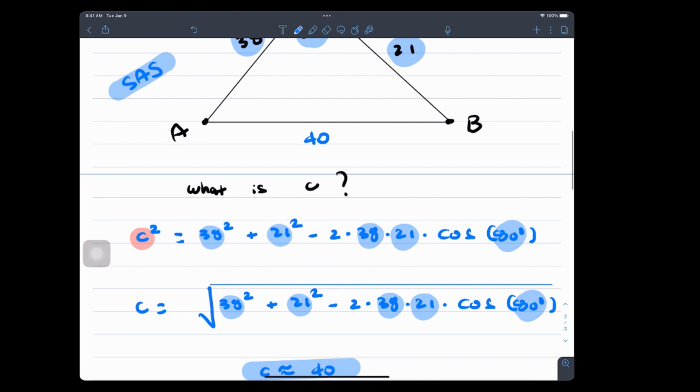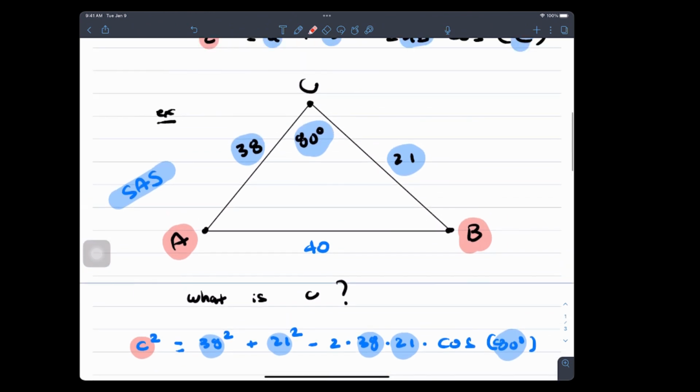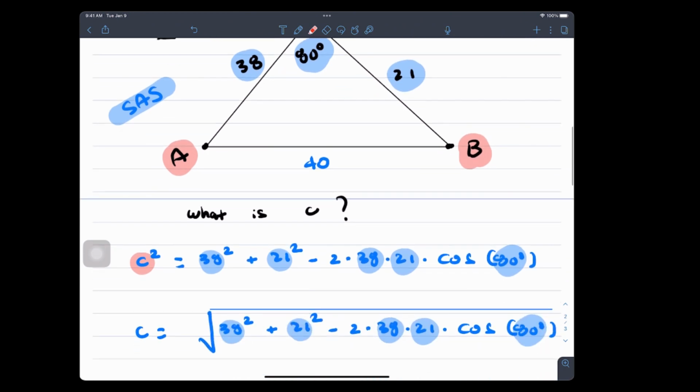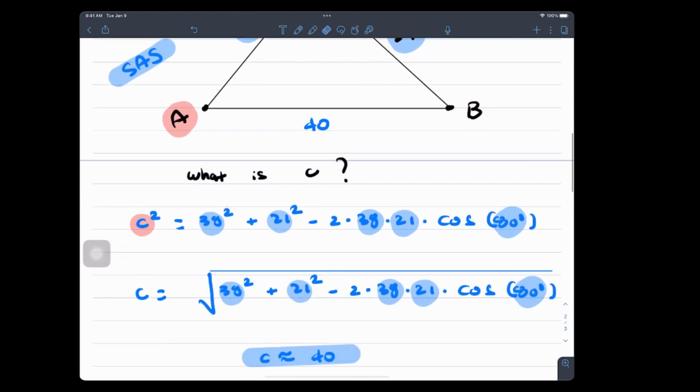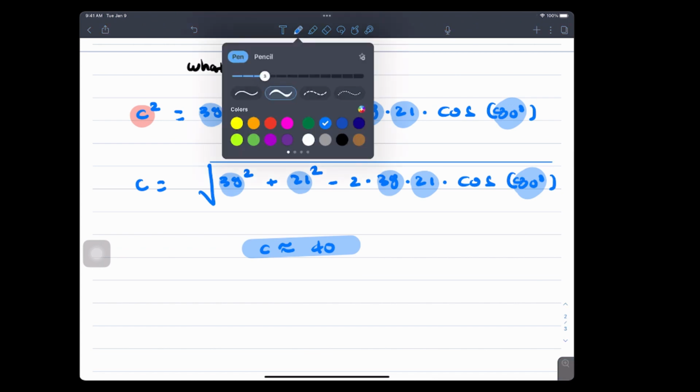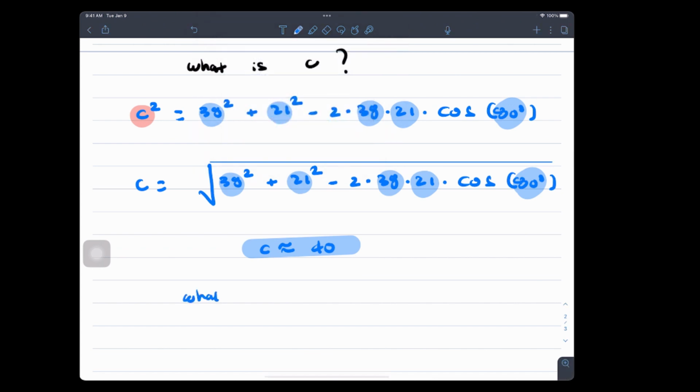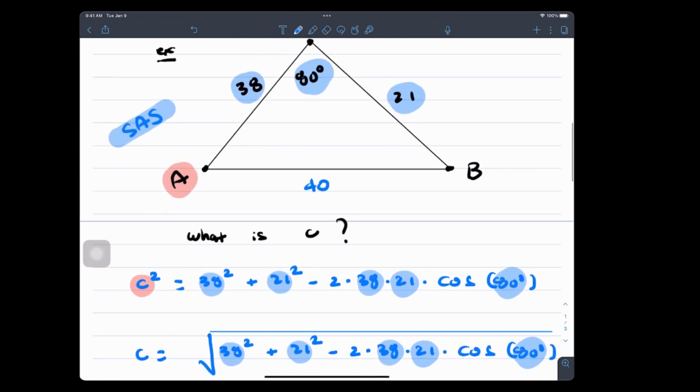So if I said to you, now, what is angle A? How do you guys think you could get angle A? I'm going to remove this here. How could you get angle A?